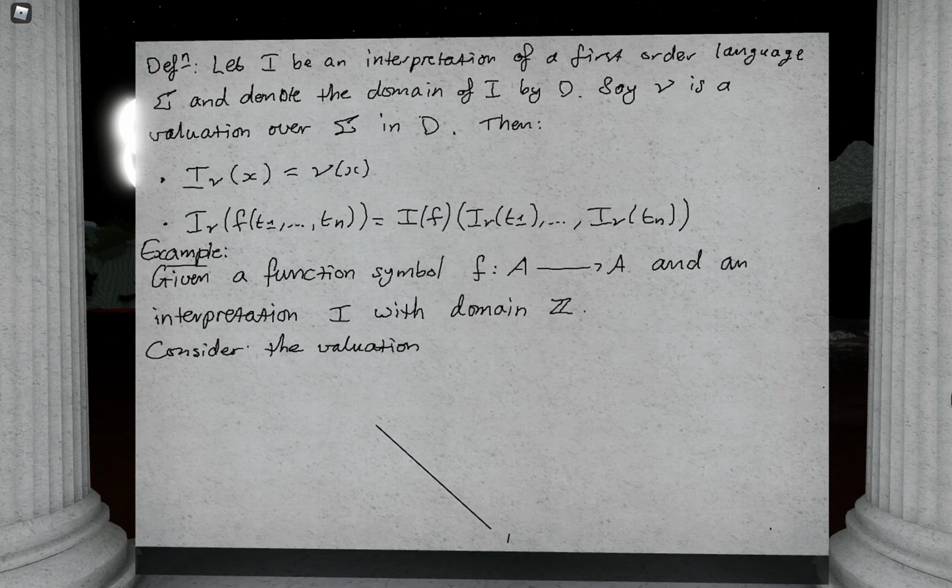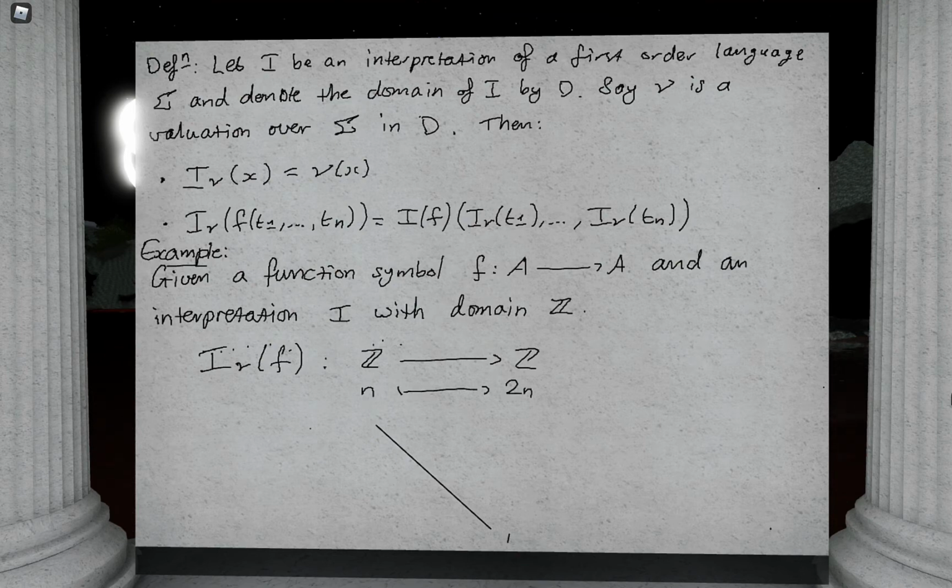Yeah, I mean, if I want to give a proper example, I need to show how to define a valuation, which I think is kind of the hard part, right? If I were to skirt over that, then I could let the interpretation under ν of f be the function from the integers to the integers that just, I don't know, doubles.